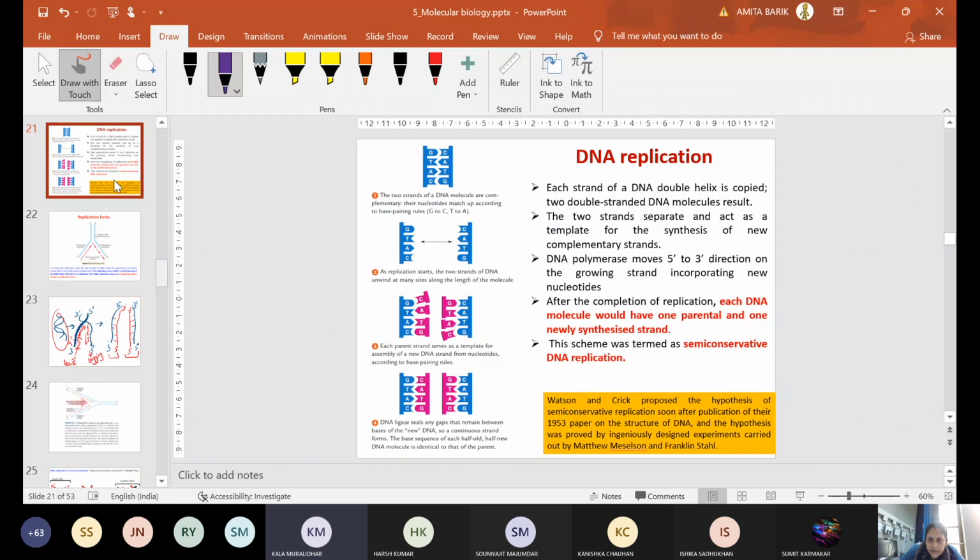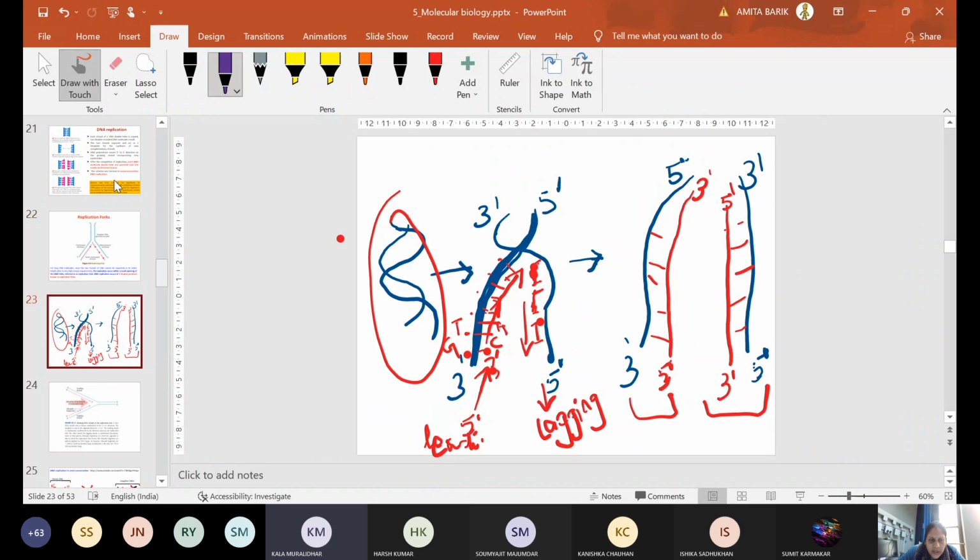I did not put it in the slides, but you can look into the book. DNA polymerase is an enzyme that joins nucleotides in the polymerase reaction. It adds the nucleotides one by one, joining them together to form the new strand.